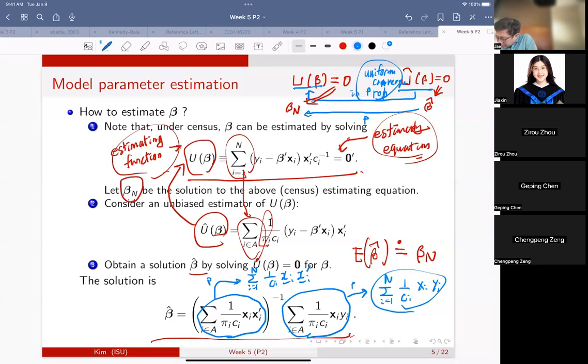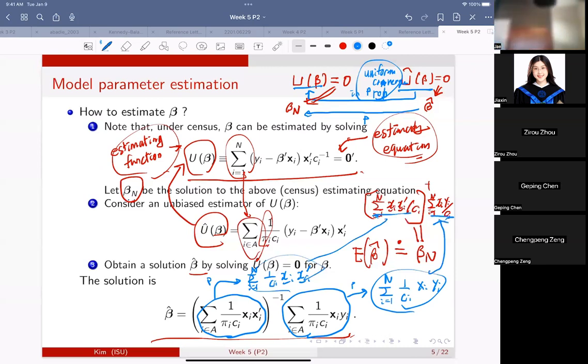Again, this is nothing but the inverse of the summation of Xi Xi prime over Ci, times the summation of Xi Yi over Ci. My point is that this guy is this guy, and this guy is this guy.